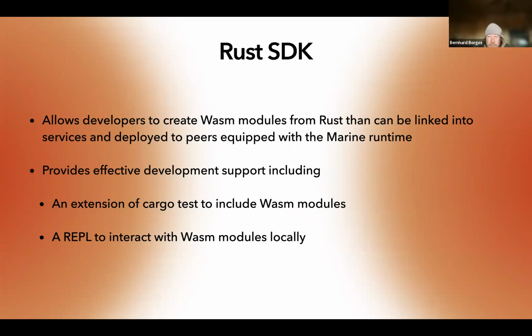And so basically what you're doing is you write these services in Rust and compile them into WebAssembly modules. And then you link these WebAssembly modules into services. So services actually are virtual constructs based on actual WebAssembly modules.